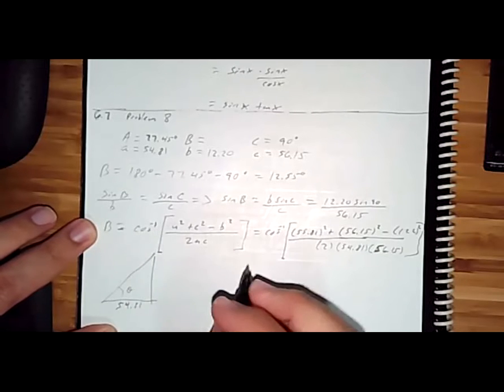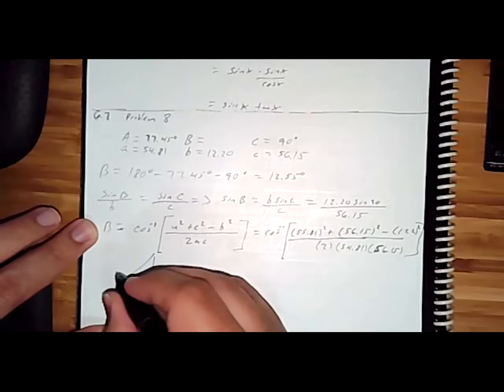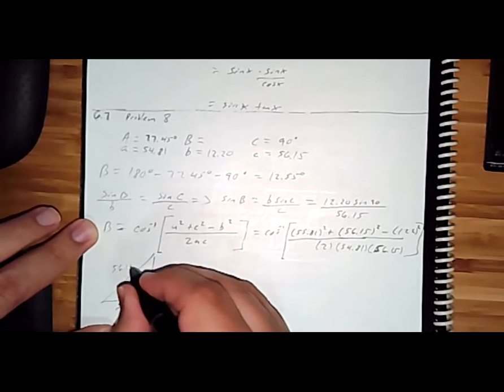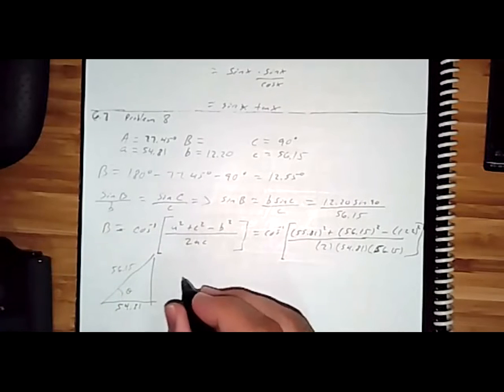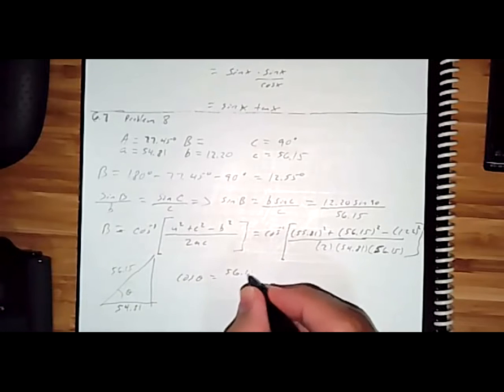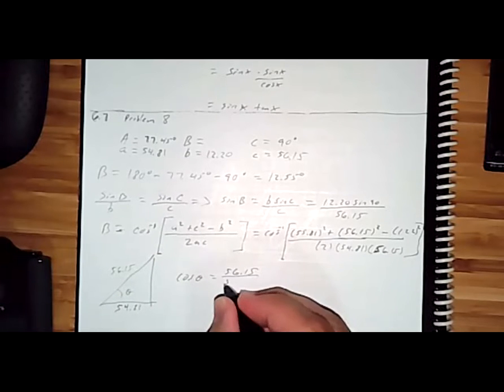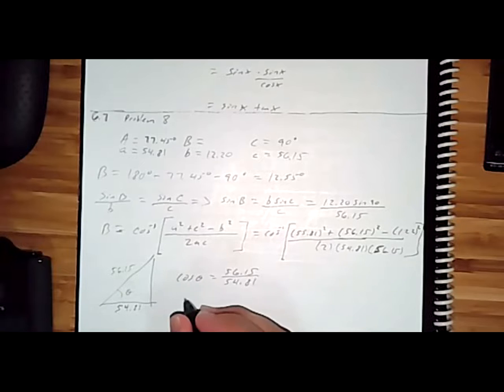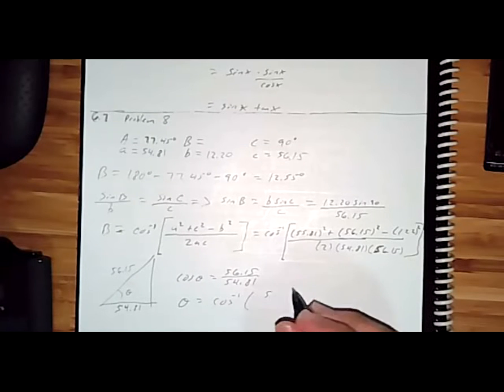Here's theta. That makes sense, right? Kind of why I would do that. Yeah, I see what you're saying now. So you're saying that cosine theta is equal to 56.15 by definition, and then theta would be cosine inverse of this. So yeah, that's legit.